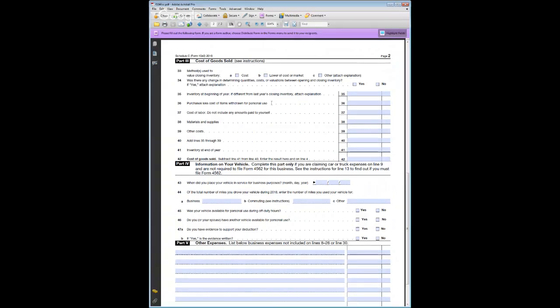Beads would probably fall under that category too, as well as buttons, because you're going to have beads that come in big bulk and then buttons that come in big bulk, and then you're going to have the really neat ones that cost a lot of money.